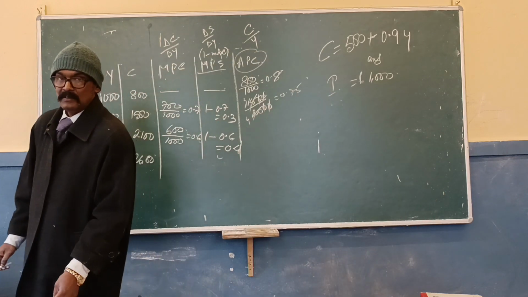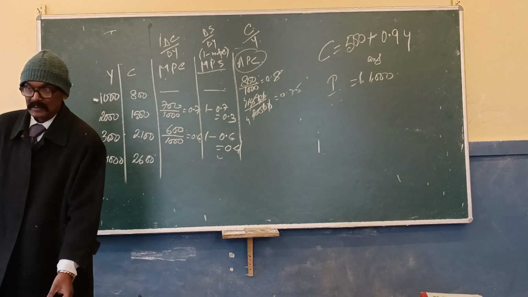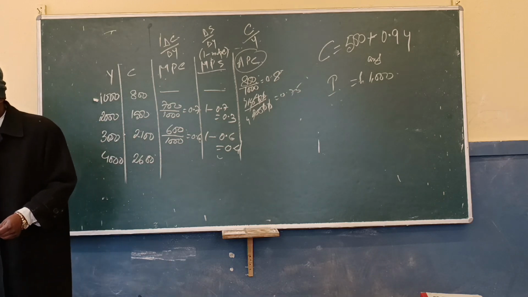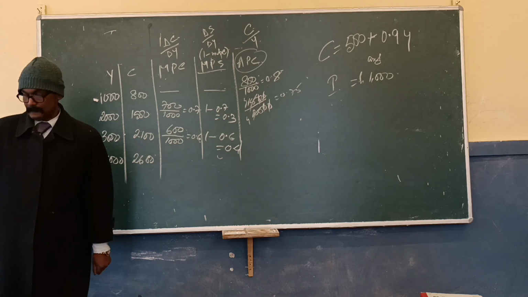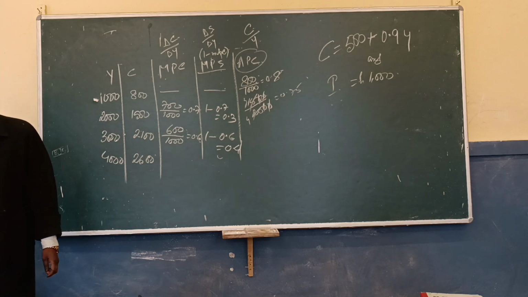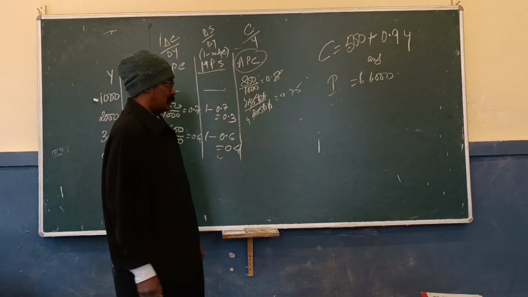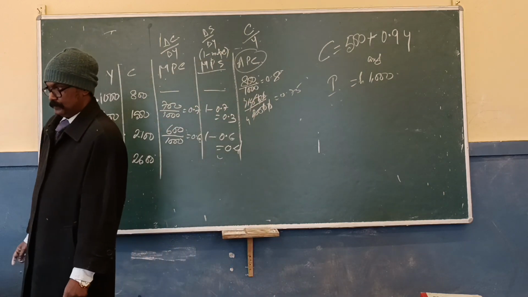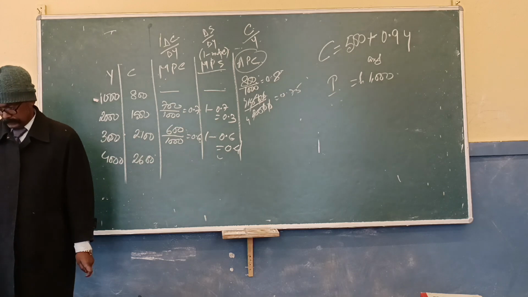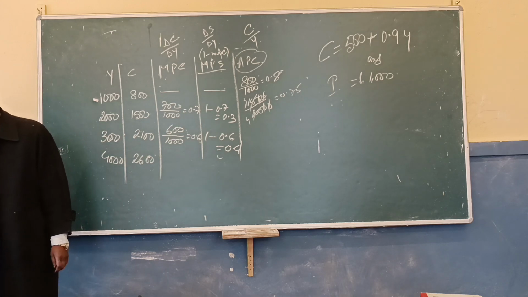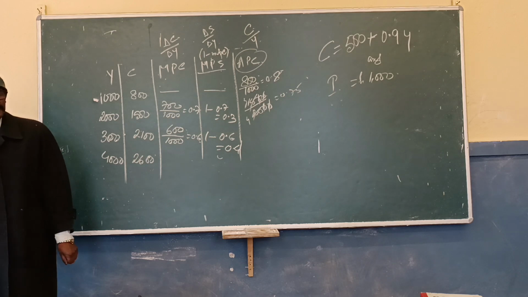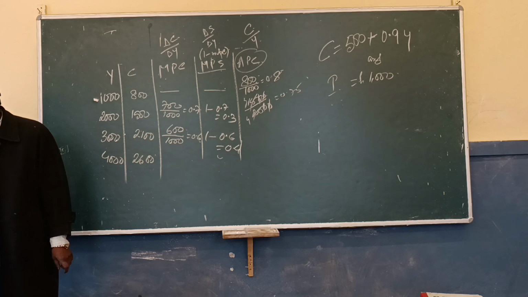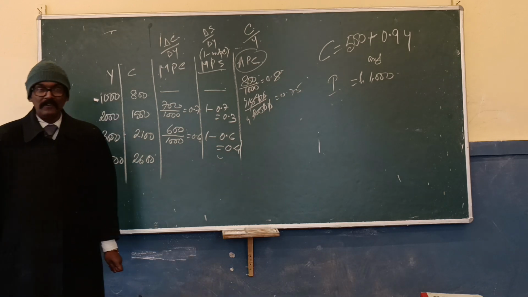So I is 1,000. Number 1, calculate the equilibrium level of national income. Number 2, consumption expenditure at equilibrium level of national income.